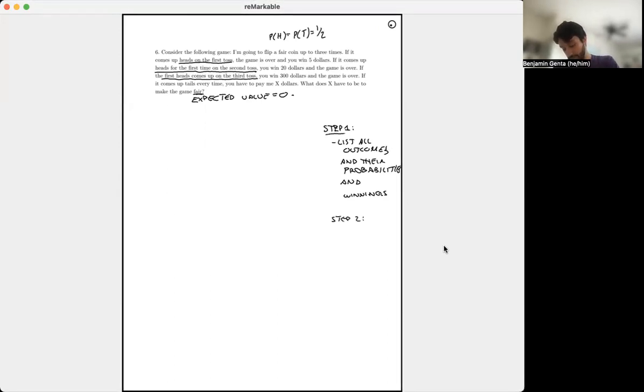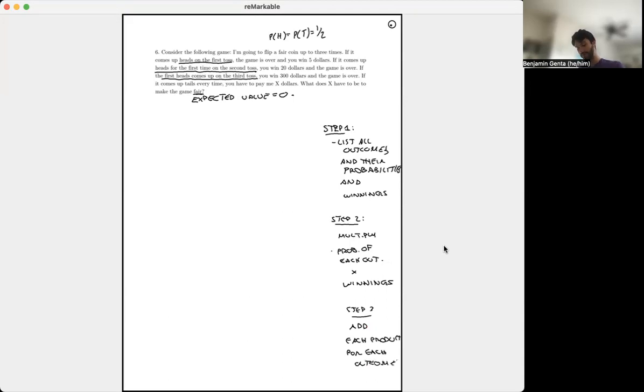Step 2 is we multiply the probability of each outcome times the winnings for that outcome. And step 3, to find the expected value, you add each product for each outcome. And that's how you find the expected value.